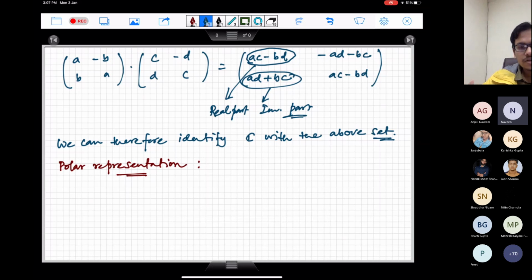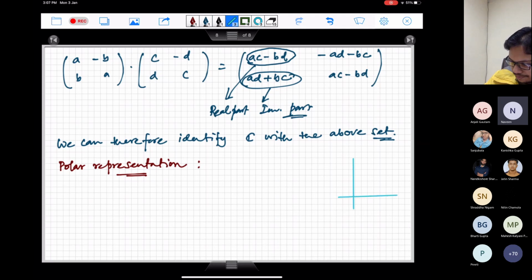If I talk about a vector in R2, it is going to entail some modulus and a direction, correct? When I think of a vector, what comes to our mind is a modulus and a direction, isn't it? So that is exactly what the polar representation of complex numbers is all about.